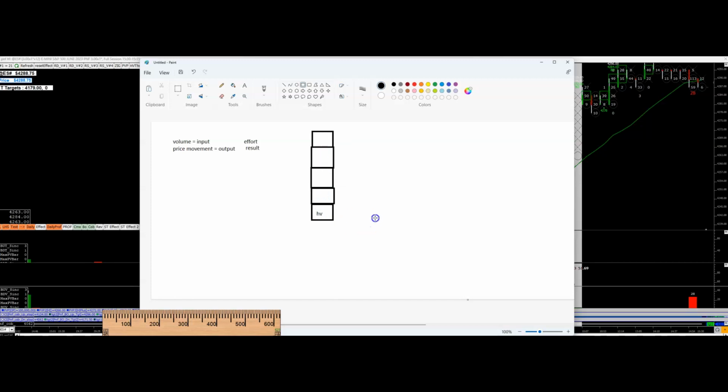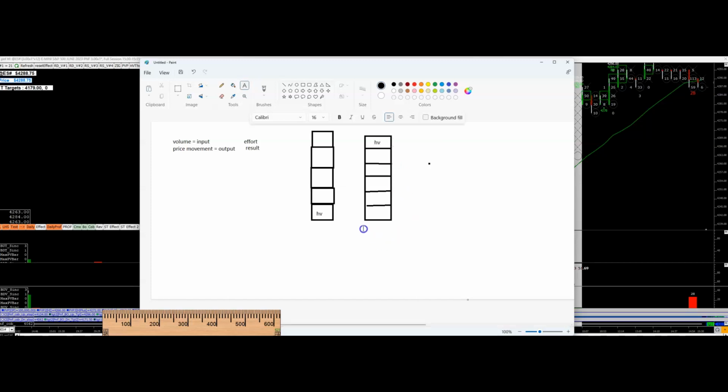Now, what if, instead of high volume at the bottom leading to the output of price going up, you had volume up here?